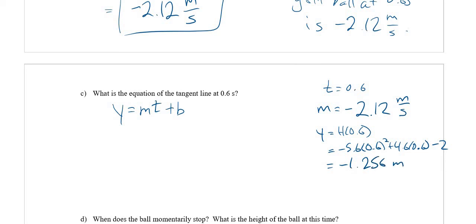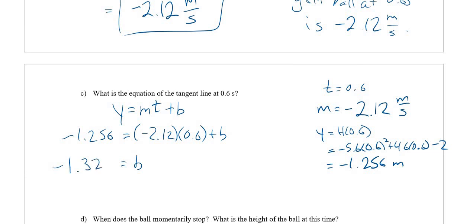So now we have a t, a y, and an m. Now we can just solve for b. So if we plug all that in, it becomes negative 1.256 equals negative 2.12 times t, where t is 0.6, plus b. You rearrange all that, and you should get negative 1.328 as your y-intercept.